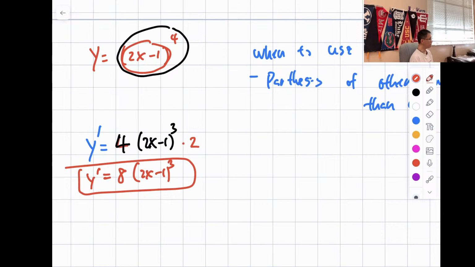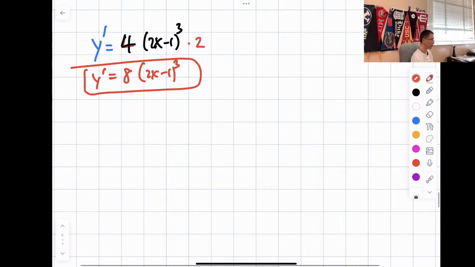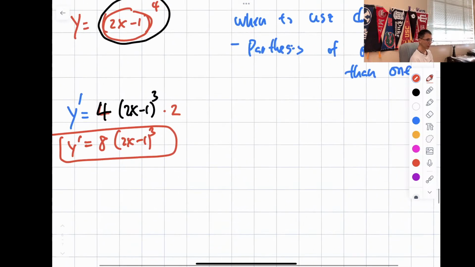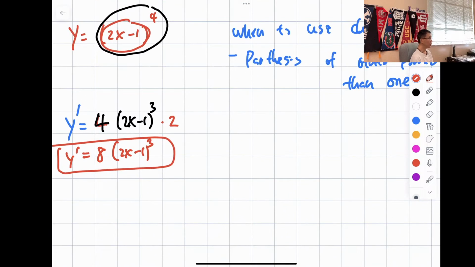Am I doing okay? Well, simple. He treated the 2x minus 1 like an x, so since it's to the power of 4, you put the 4 in front, remove one of the exponents. Because it is an x, it's just a bunch of other stuff, including an x.